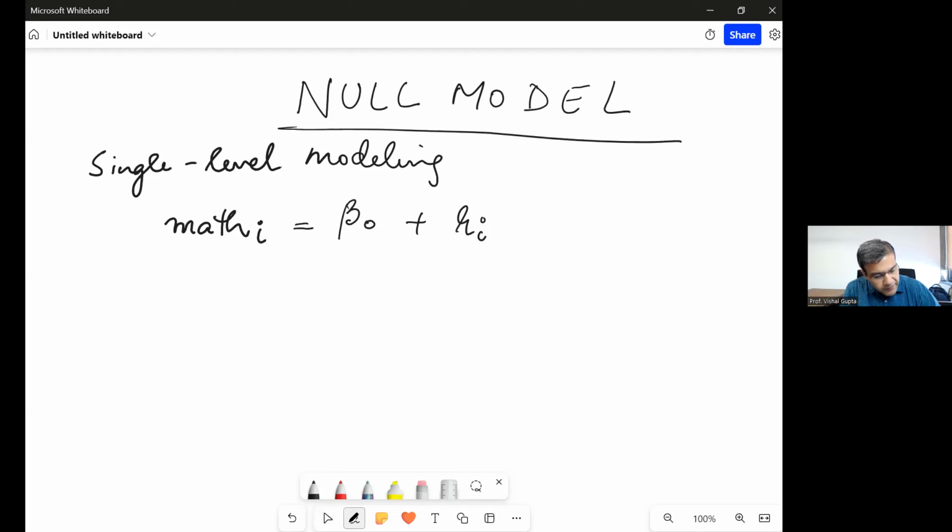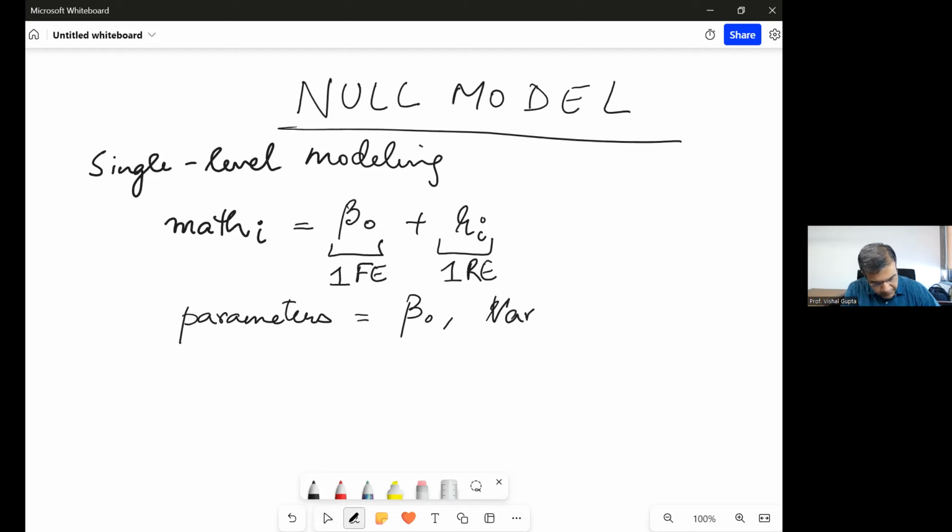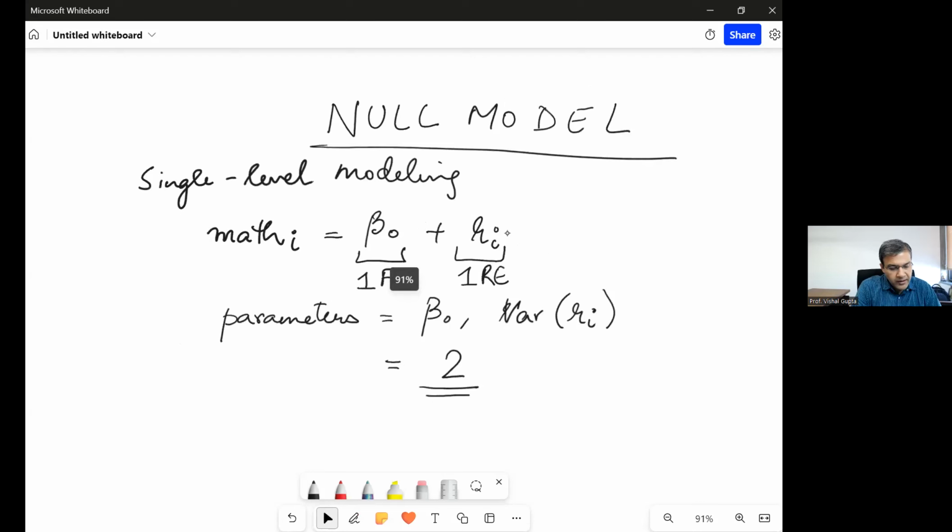So how many fixed effects? There is one fixed effect here, and you can say there is one random effect or one residual. So how many parameters are essentially to be calculated? The parameters are B0 and variance of Ri. So the number of parameters to be calculated are 2.